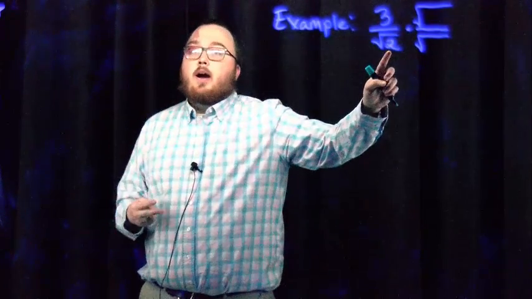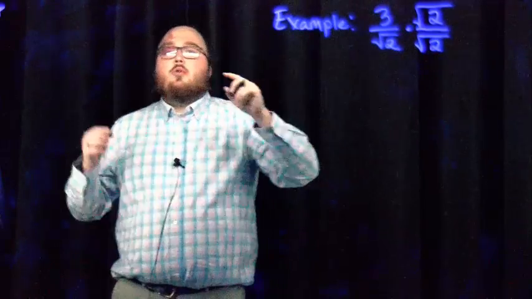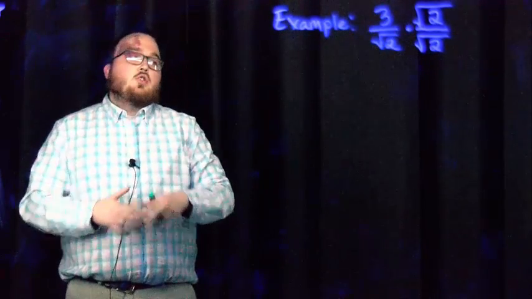Now I want to know what I can times 2 by so that I have a square. And I can see that if I do 2 times 2, I get 4, and that's a square. So I want to multiply it by 2. If I do it down here, I must do the same thing to the top. Again, the reason I picked 2 is because 2 times 2 is a square. So we're wanting to do that so that inside of my square root, I have a square.